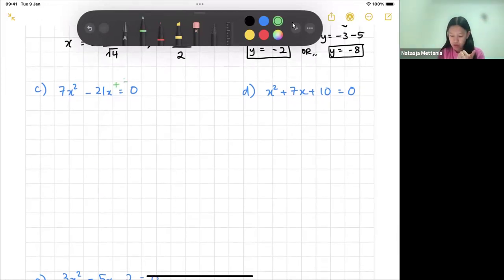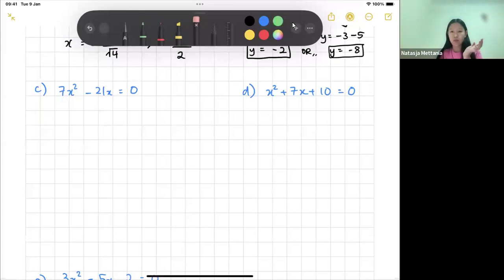To use PSF, I need to have three terms: one with an x squared, one with an x, and one with just a number by itself. I can't use that. It's a non-monic, yes. There's a number greater than 1 next to the x squared. But again, non-monics mean that there has to be three terms.